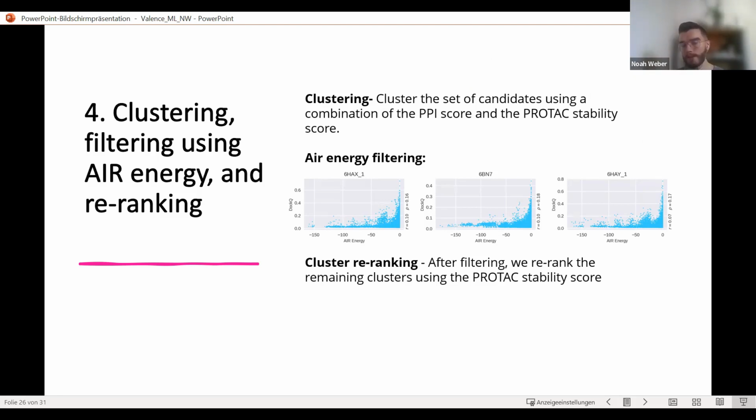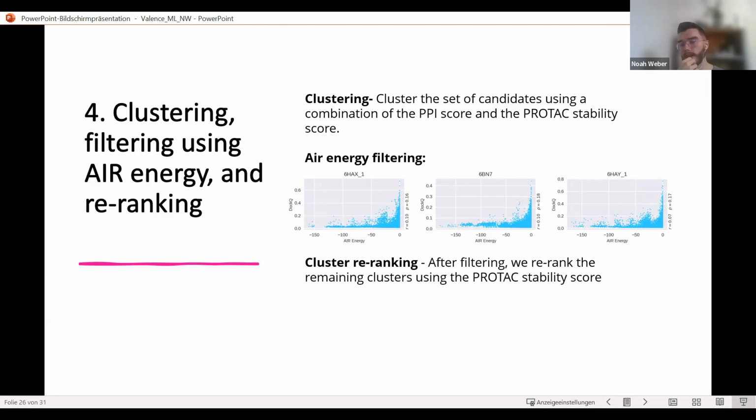Then after clustering happens and we have these different clusters of potential candidates, we use AIR energy filtering, which is essentially taken from HADDOCK. It's a pretty familiar and standard docking protocol that we used here, and we evaluated it. In this diagram you can see a correlation for different complexes, 6X, 6PN7, and 6H1.